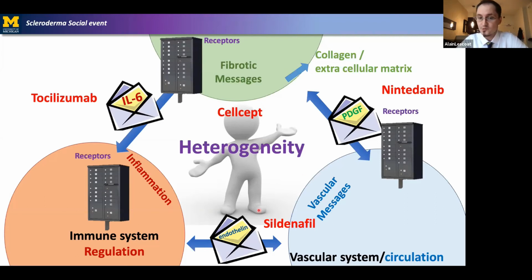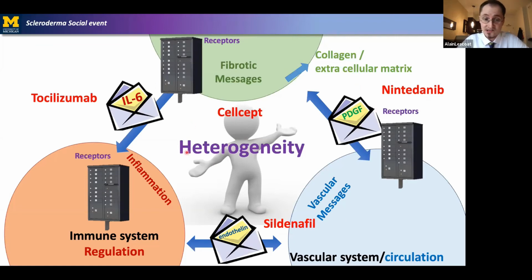Or, for example, you will have sildenafil that can block vascular messages to help circulation, and that will be useful in patients with more severe vascular manifestations of the disease. Another example would be nintedanib, which blocks specific receptors linked to fibrotic messages.